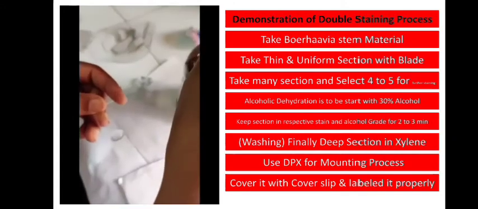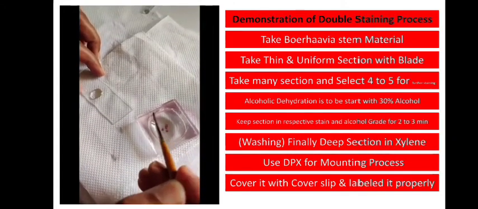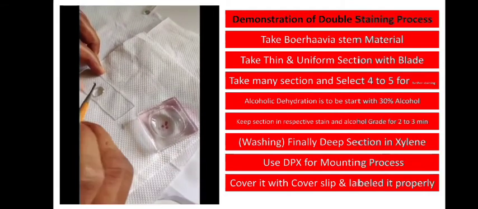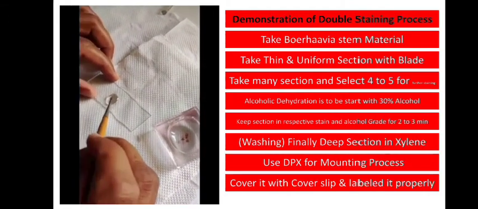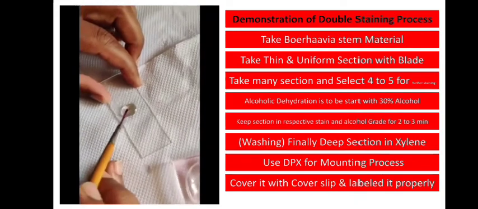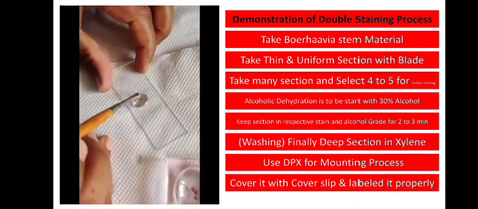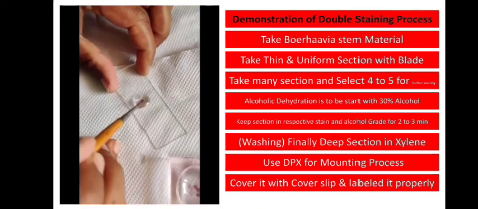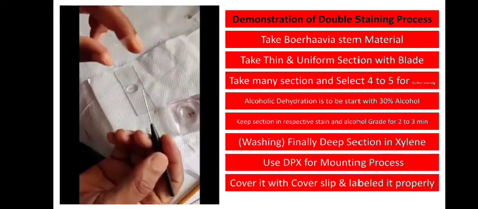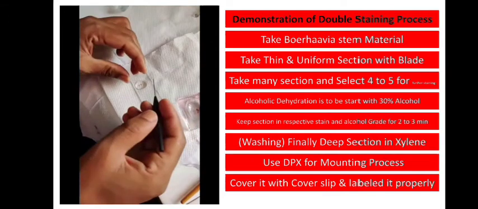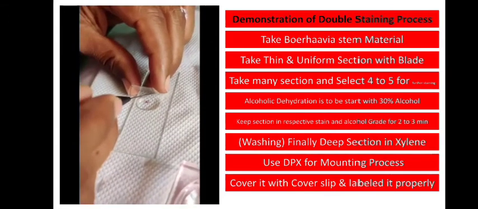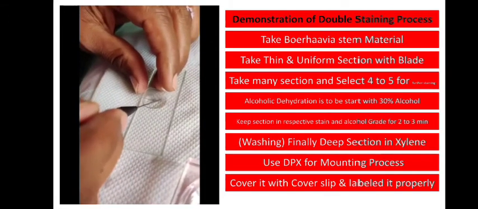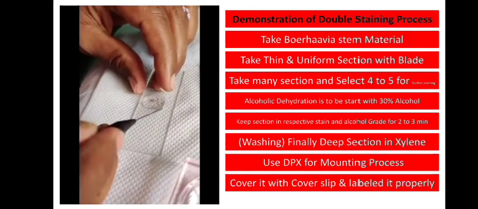By taking the help of brush, put one of the specimen into DPX. Intense care should be taken here to avoid air bubbles. Then cover it slowly with the cover slip using needle. This step should be performed carefully to avoid air bubbles.